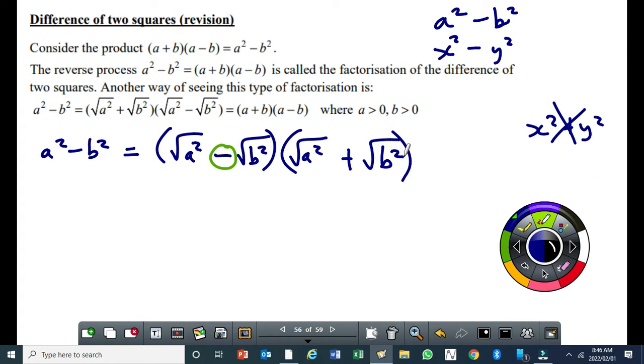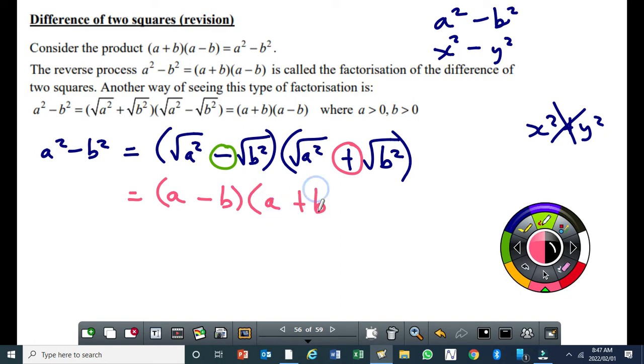So this is generally what you have to do when you are factorizing by a difference of 2 squares. In the end, if you simplify this, you get a minus b times a plus b. So when you factorize a squared minus b squared, you always get a minus b times a plus b.